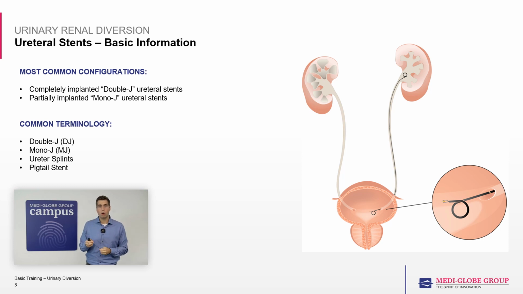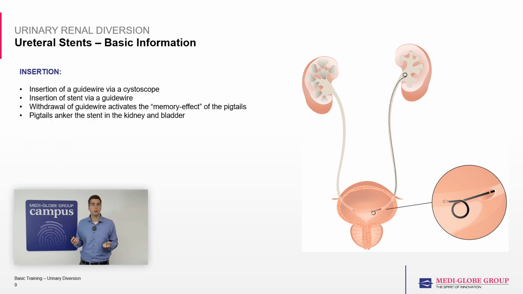The other most common product is the so-called mono J. Here, as the name says, you only have one kringle for the fixation inside of the kidney, because the tubing will leave the body either percutaneously, that means through the skin, or through the urethra. Very common terminology here: double J stents, DJ, mono J stents, MJ, or ureteral splints, or pigtail stents.